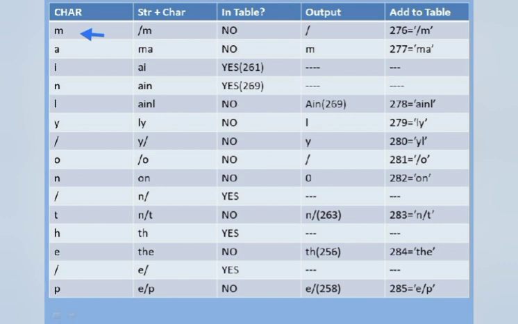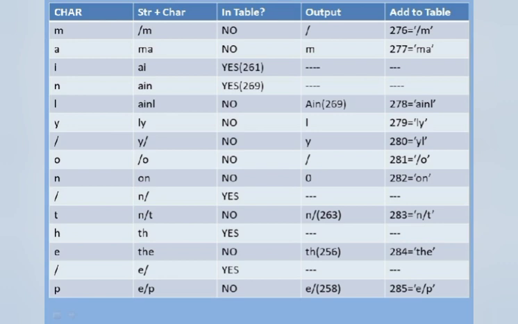So we are going to read this character M and we will join it with the previous value to form a string slash M. We'll do what we are doing till now. We'll check in the table for its existence and the answer is no. Output will be slash and this slash M will be added to table at position 276.